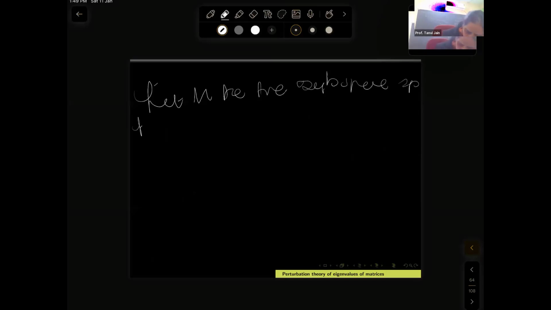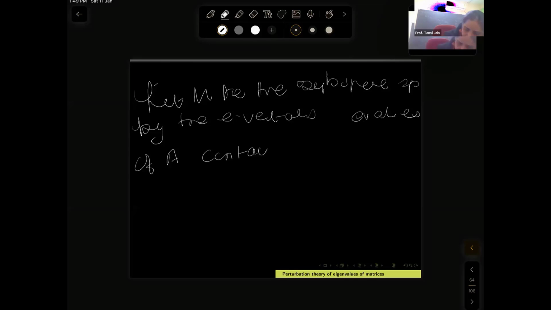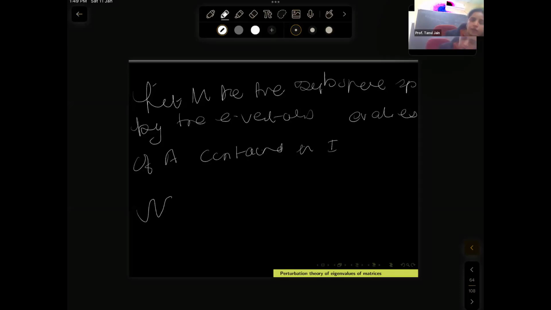Let M be the subspace spanned by the eigenvectors corresponding to the eigenvalues of A contained in I, and correspondingly let N be the subspace spanned by the eigenvectors of the eigenvalues of B contained in T minus I epsilon.